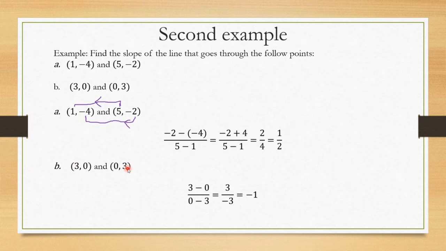When you're labeling x1, y1, x2, y2, it doesn't matter which set of parentheses you're doing, right? They can be interchangeable. They are interchangeable, but you have to do the corresponding change on top and bottom, though.